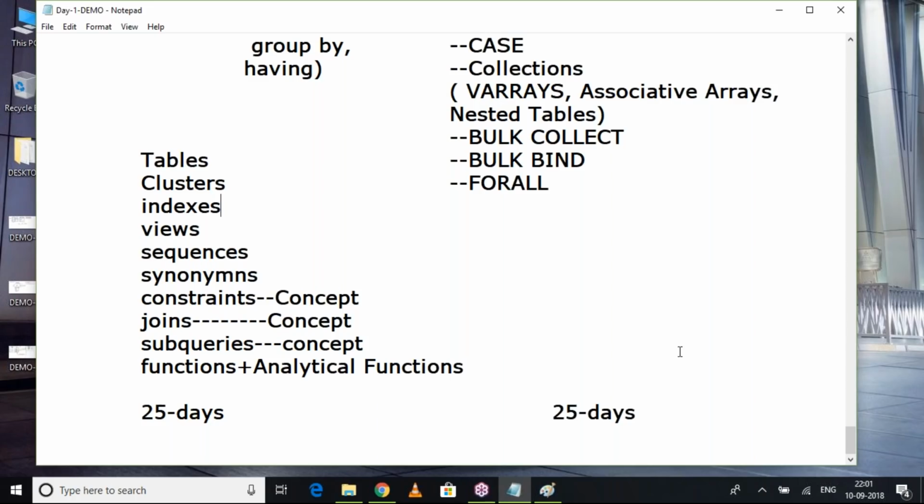Each and every concept is explained by Dinesh by considering it as a business process: in real time, what is the business process, and accordingly, what concept is useful in the database for real time? That is the difference between other trainers and Dinesh. And parallelly, you will get interview questions.